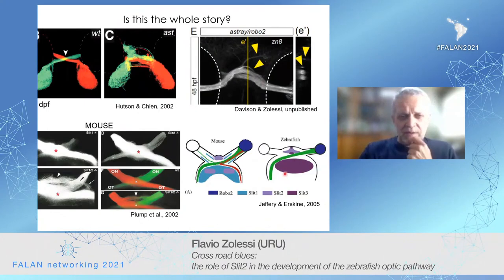In the zebrafish, we don't have slit1 expressed around the optic chiasm level, but we do have slit3, the other slit. So we wondered if slit3 could be collaborating here with slit2 in the correct crossing at the optic chiasm.